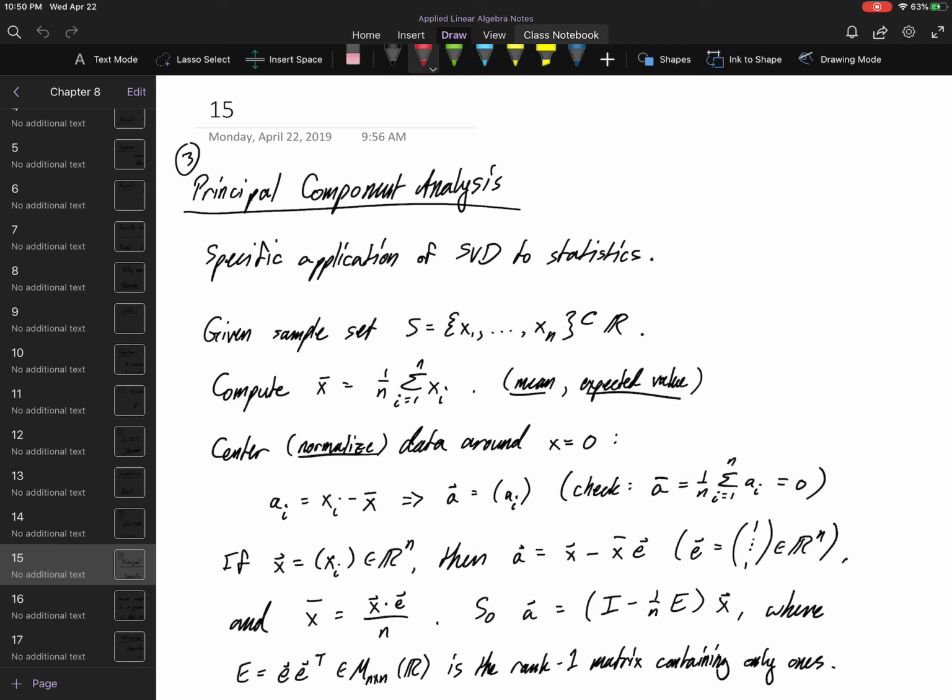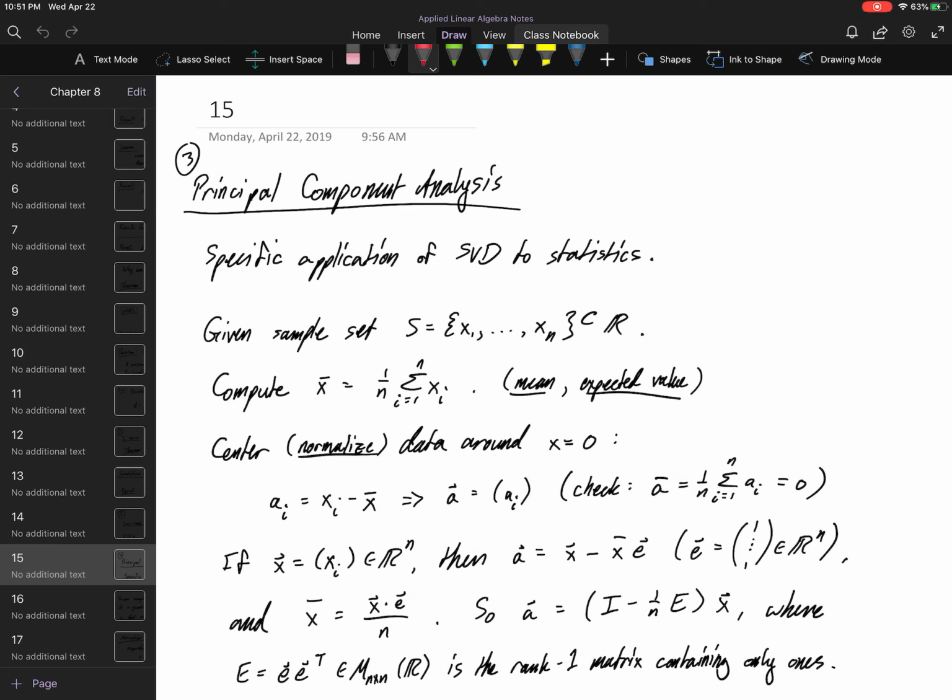We are going to give this some context, so bear with me as we go through a brief review of statistics and give it some linear algebra context. Then we'll finish up in a reasonable amount of time with a quick application of the singular value decomposition.